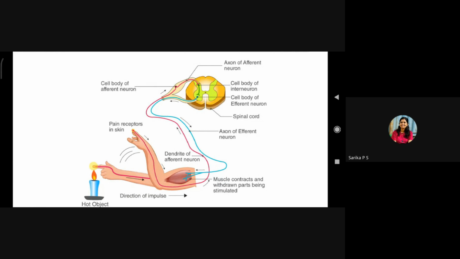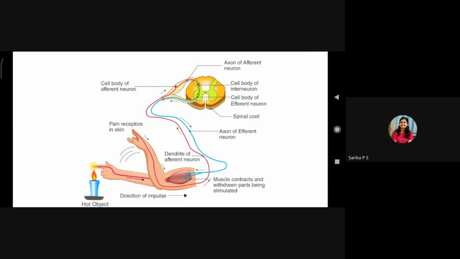Now what is happening through sensory nerve? Here sensory nerve is depicted by pink color. So this pink colored sensory nerve is receiving the signal that it's hot, it can burn your finger.